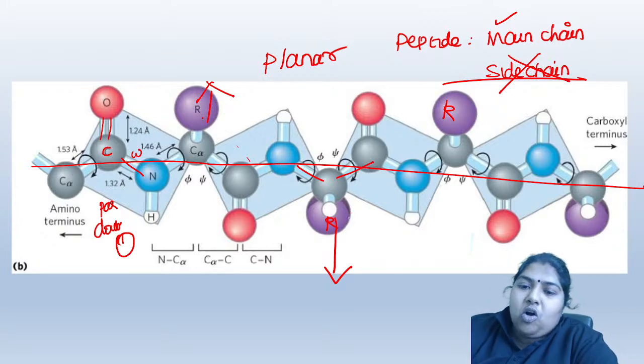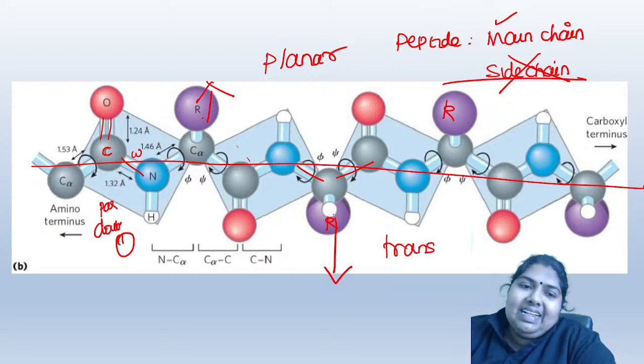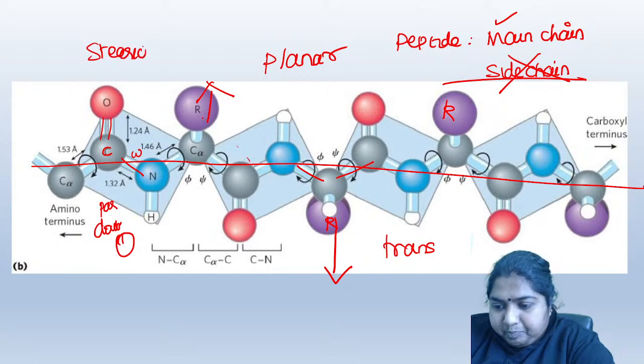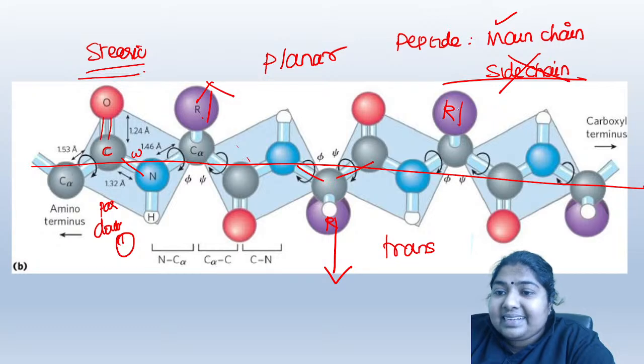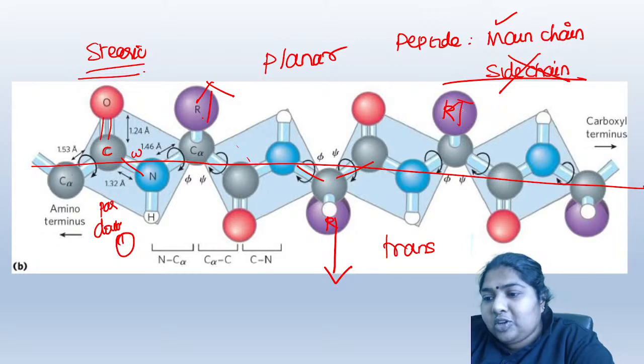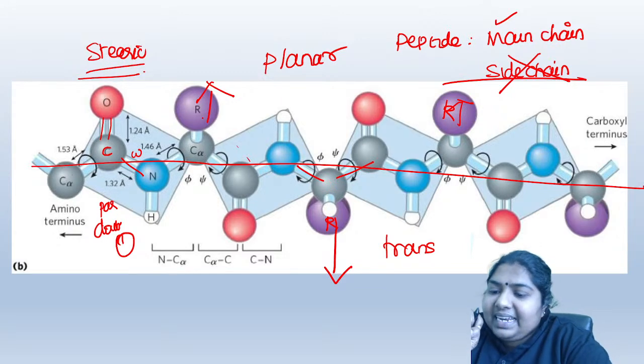So this is what is called as the trans. Okay, so it is not cis. It is going to be trans. It is all for the steric balance. Yes, Reshmi. Absolutely. So it is opposite means that it is going to be a trans, and it is all for your steric things. Got it? So this is understandable? Okay. Fantastic. So it is planar in nature.